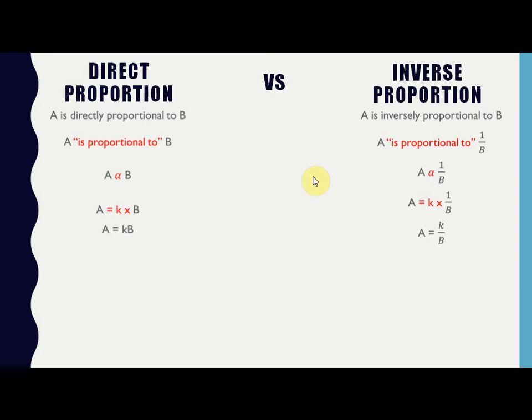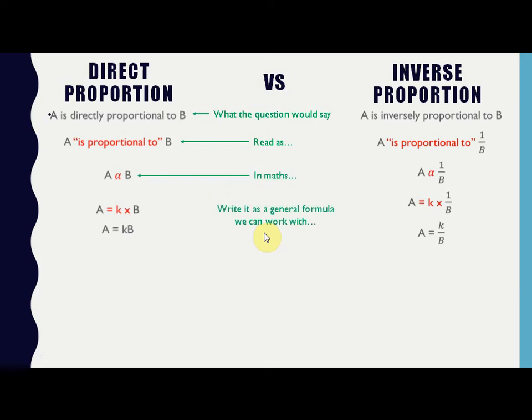The question says that A is directly proportional to B, and in mathematics we can write A is proportional to B. The general formula of directly proportional is A equals K times B. You are familiar with K, right? So the simple equation becomes A equals K times B. This is the overview of directly proportional.